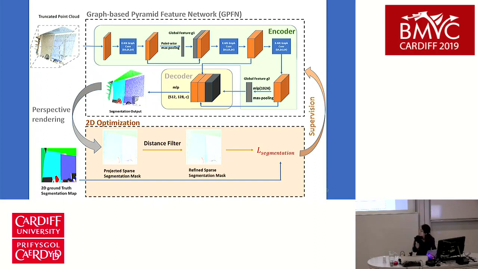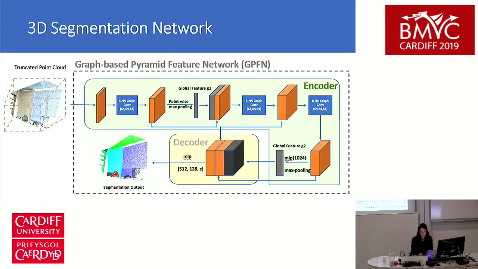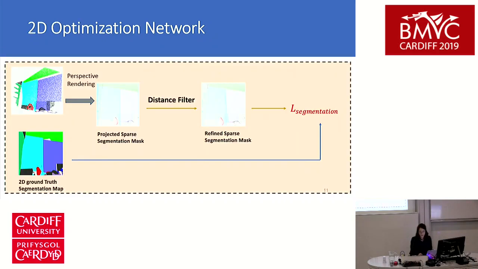Let's see how we solve this problem. We will explain the truncated point cloud later in the dataset part. We input the truncated point cloud and extract both the high-level features and the low-level features to generate the segmentation result. Then we project the segmentation result into the 2D plane.